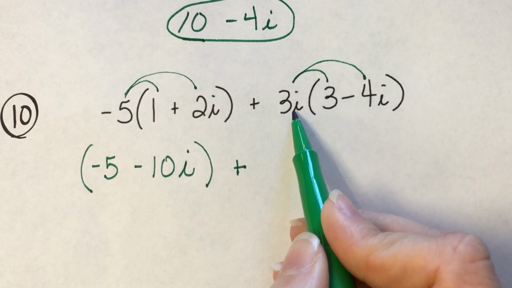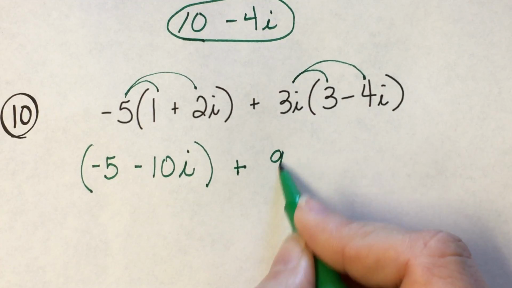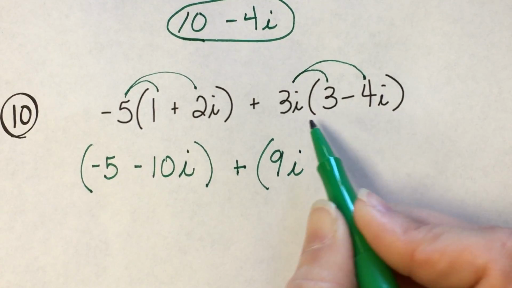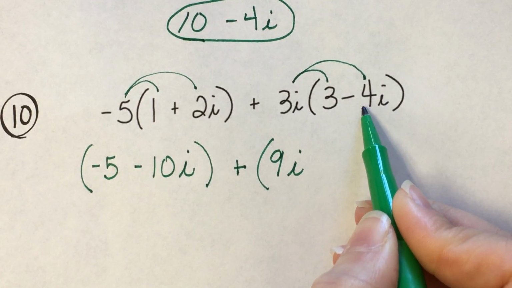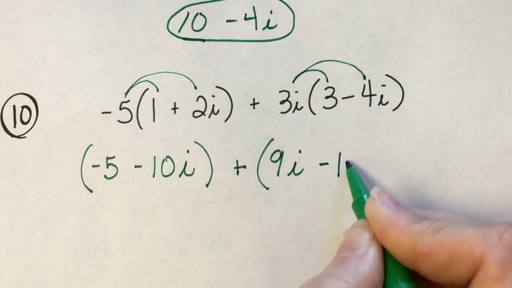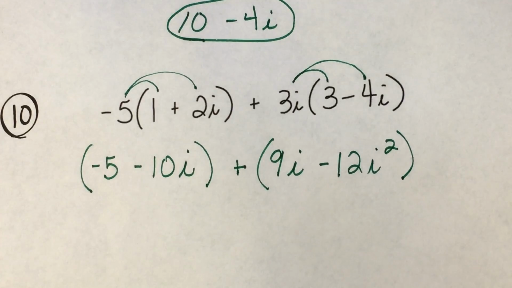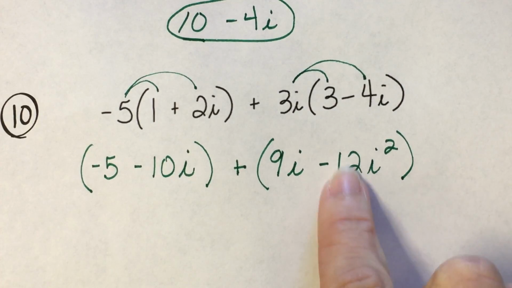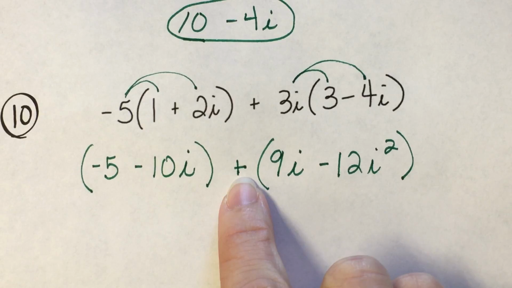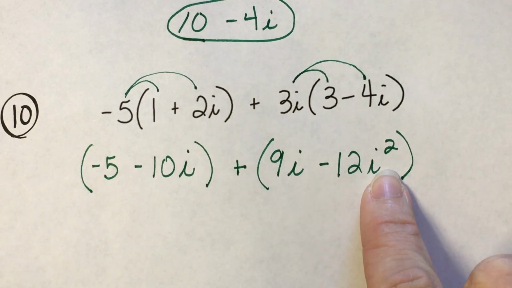Okay, distribute here. So 3i times 3 is going to give me 9i. And 3i times a -4i will give me -12i squared. All right, I've got to do a little bit of work right here before I need to do the addition, and that's because I've got the i squared.